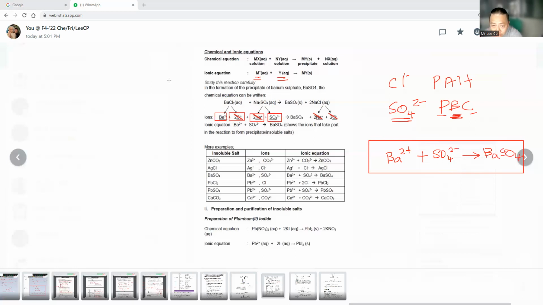Why do we cancel here? Because it is not forming anything, it is no reaction. It is still ions, still in liquid form. So we cancel it and what is left is the ionic equation.